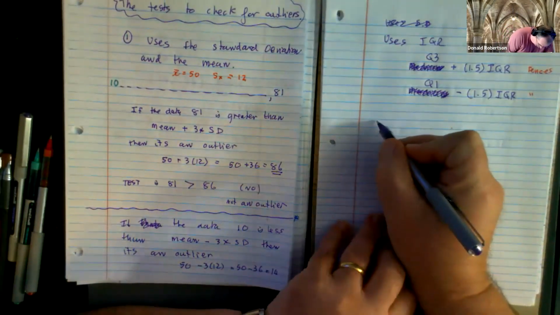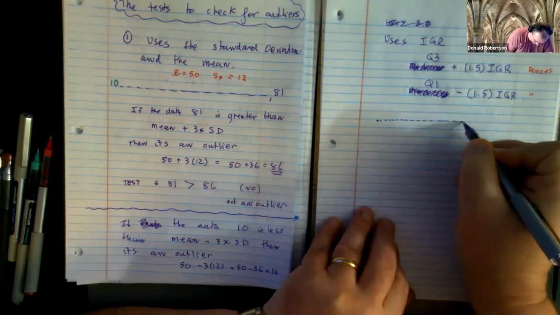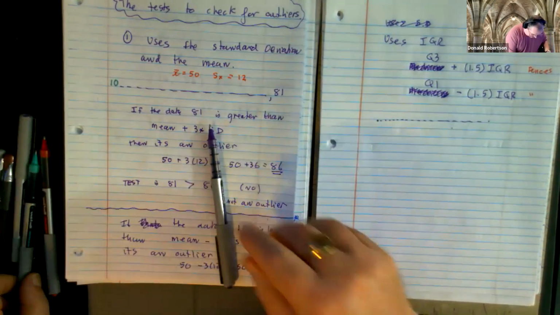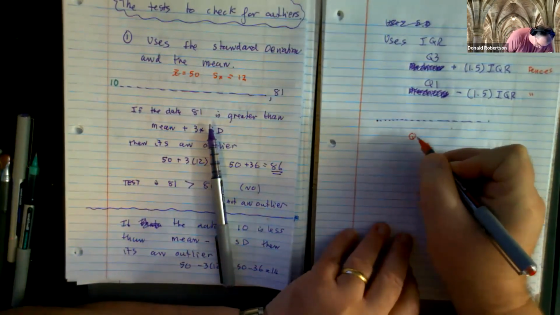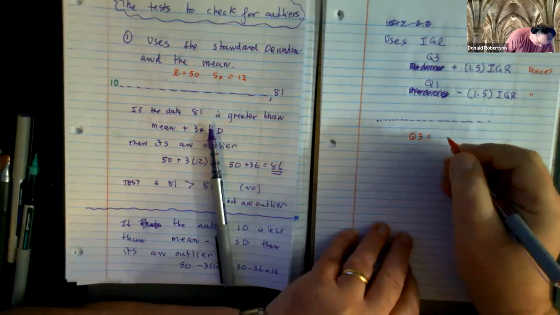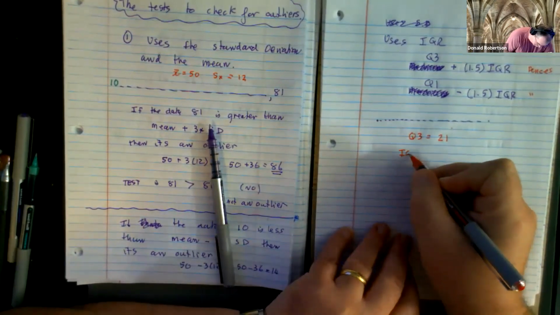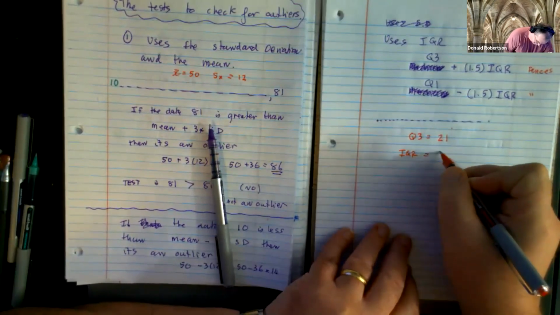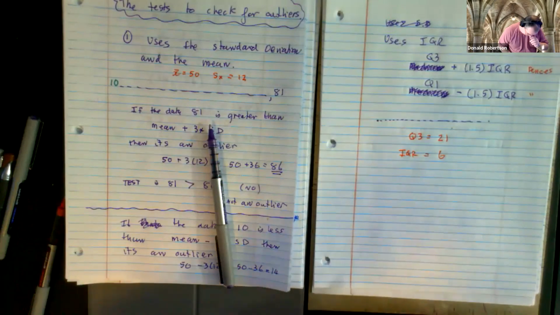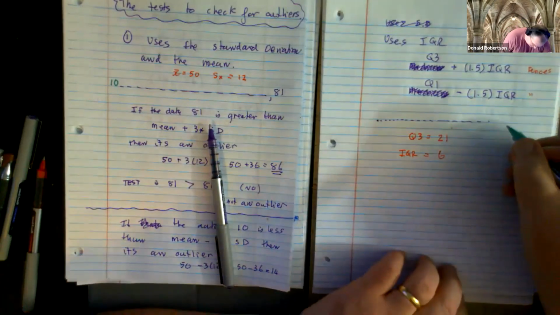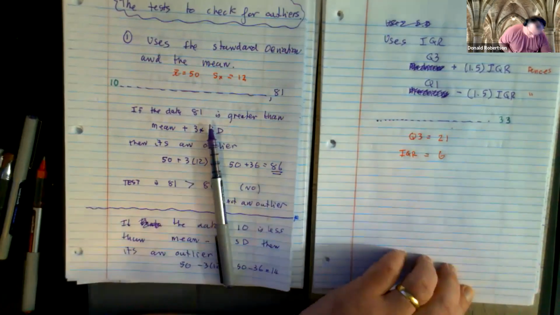So let's just suppose I have a range of data, and in this set of data, Q3 was 21, and the interquartile range was 6. And I want to know, is 33 an outlier?